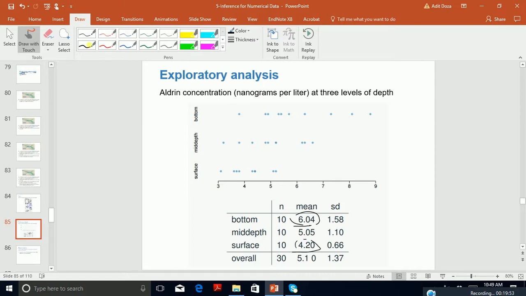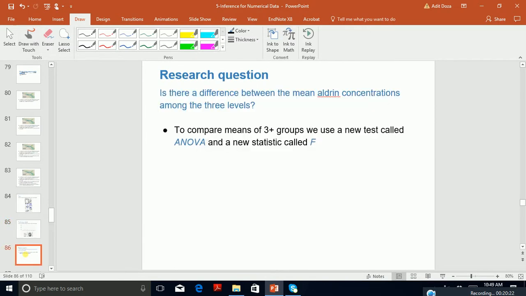The surface mean is slightly lower than the bottom, and the mid path is in between those three, right? Is it clear to everyone? What is aldrin? Aldrin is a toxic substance, and it causes cancer among people. So they collected the sample from three different layers, and they found that the bottom layer has a higher mean. So now, is there a difference between the mean aldrin concentrations among the three levels?